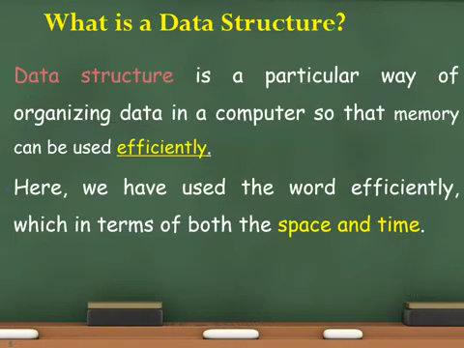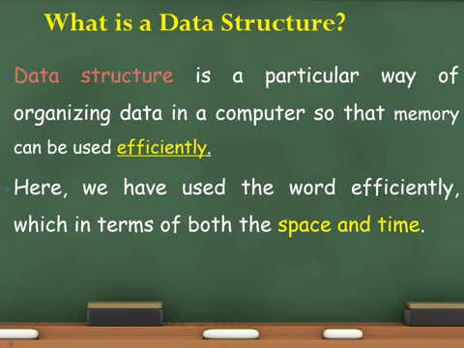Now, let's see what is a data structure. Data structure is a way of organizing the data into a computer memory very efficiently. While speaking about efficiency, it is in terms of memory space and the time of retrieval. In the field of computer science, we need to deal with a large amount of data.